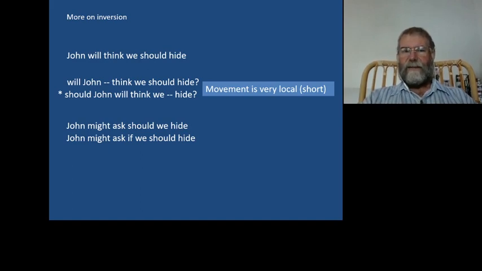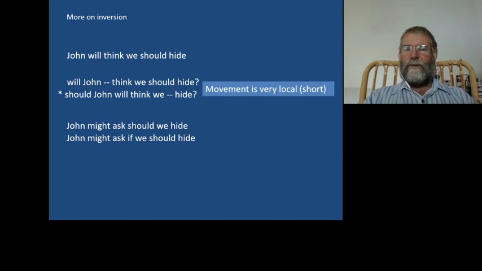And in the first case here, we're obviously using the verb ask in its performative sense. John might ask, should we hide? That is, he might utter these words, which are a question. In the second instance, we're looking more at the contentful part of ask, that asking is a question, and this is the content of the question that was asked.